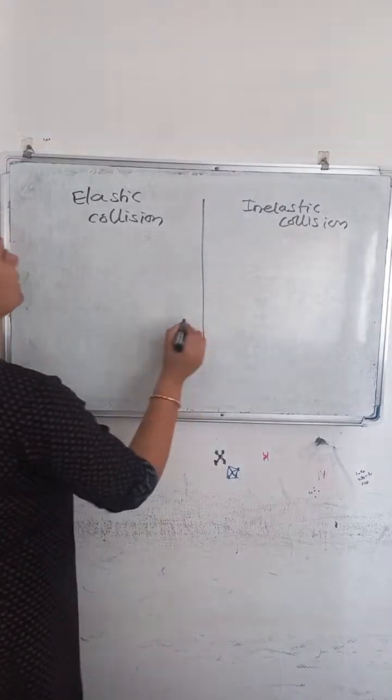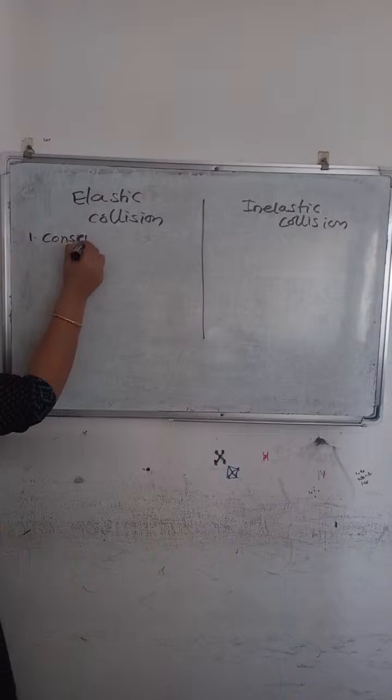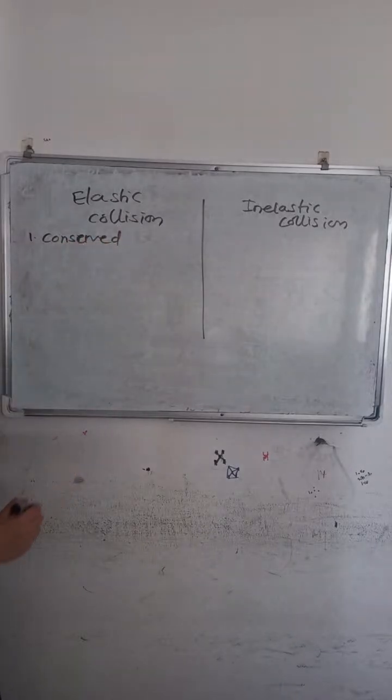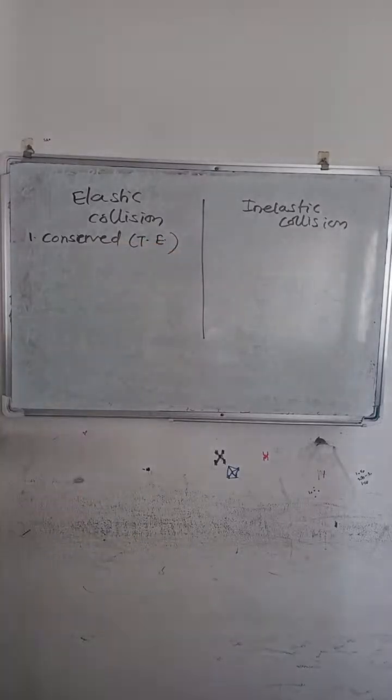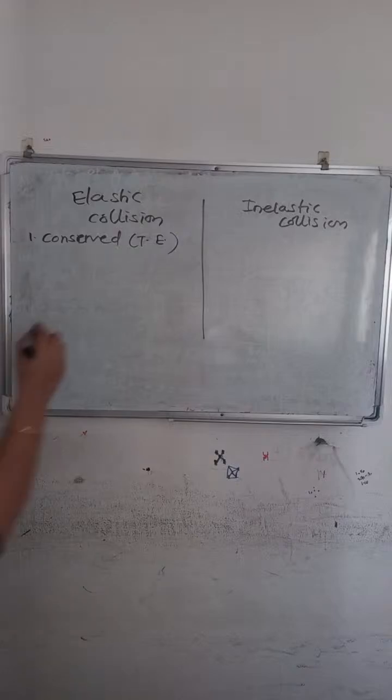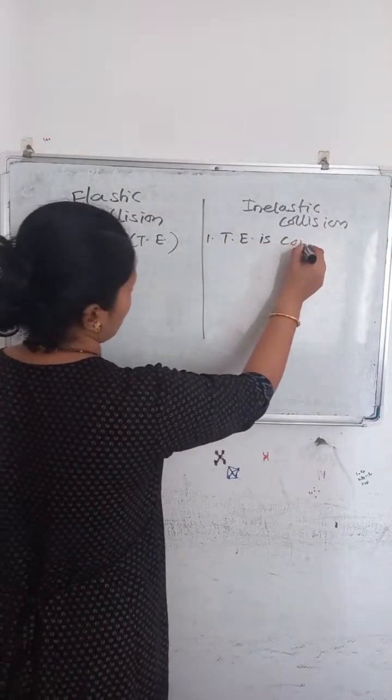Now, the very first point: in elastic collision, total energy is conserved. Total energy remains conserved everywhere, at whatever points we are taking. And in inelastic collision also, total energy is conserved.